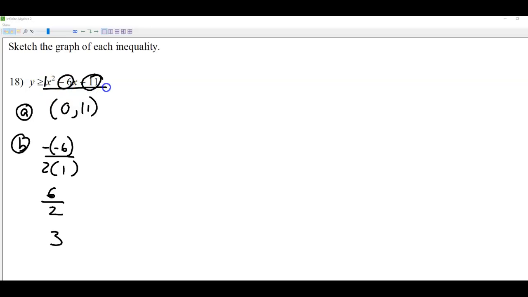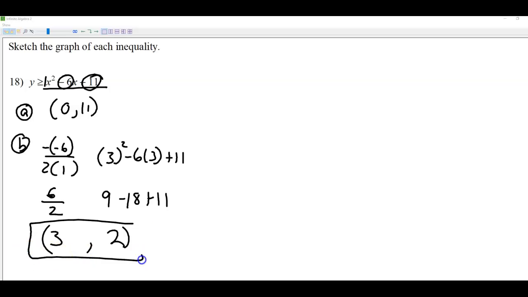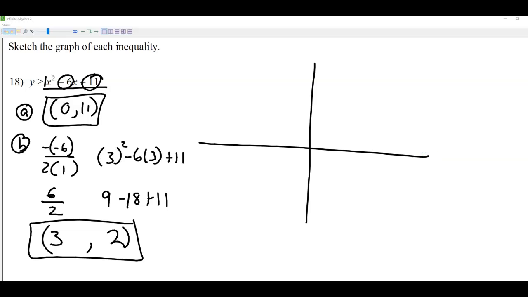Plug that answer into the equation. And I get 2. And so there's my vertex. There's my y-intercept. Let's plot those. 0, 11. 3, 2.